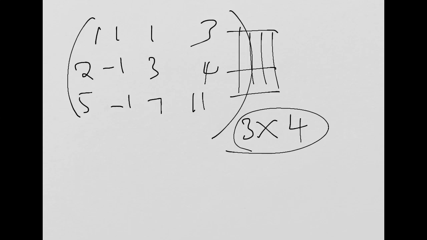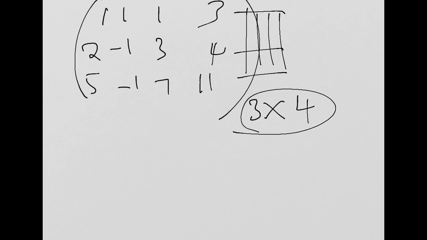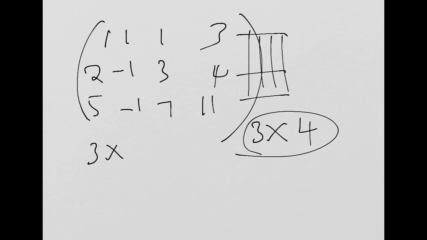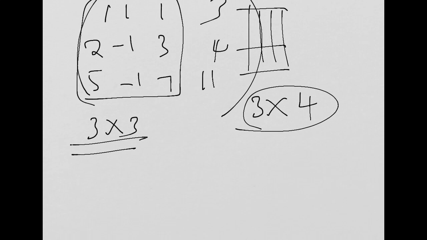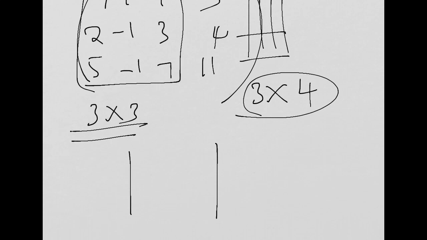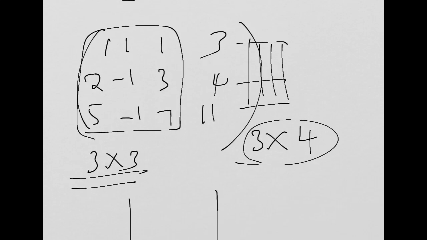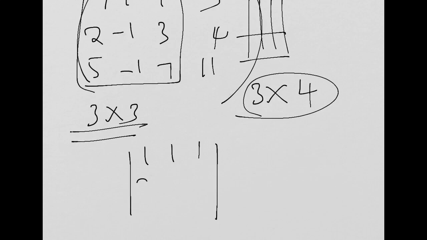Can you take a 4 cross 4 out? No. The maximum that you can take is a 3 cross 3, as a minor. And what is a minor? A minor is a determinant, within straight lines. So 1, 1, 1, 2, minus 1, 3, 5, minus 1, 7.